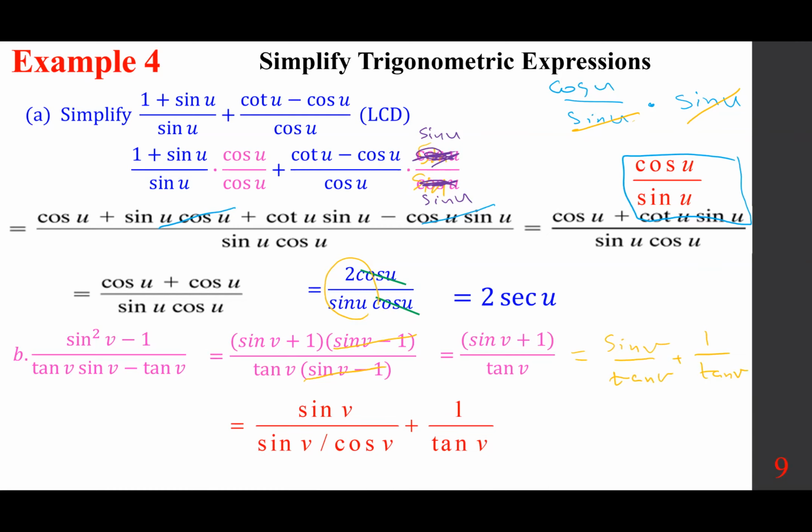The reason we do that is because this one becomes cosine v. It's a complex fraction. The sine and sine cancel each other and cosine comes up. And 1 over tangent is cotangent. So here's the final answer.